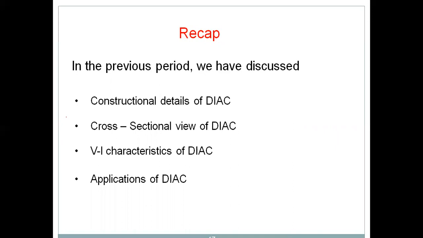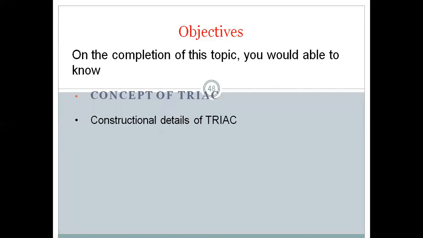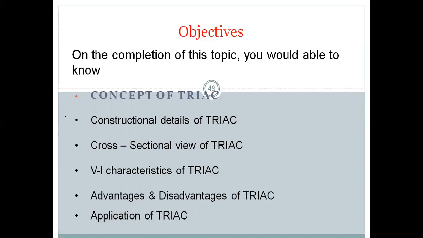However, in AC systems, it is very necessary to control both the positive and negative half cycles. For this purpose, a semiconductor device called TRIAC is used. It is a combination of two SCRs connected in anti-parallel.